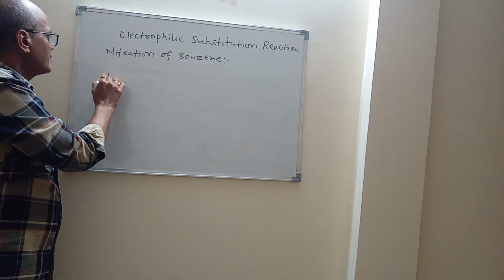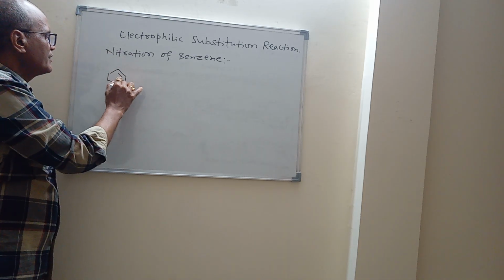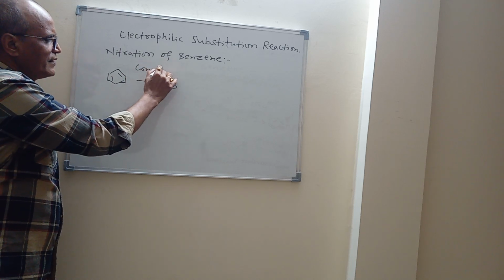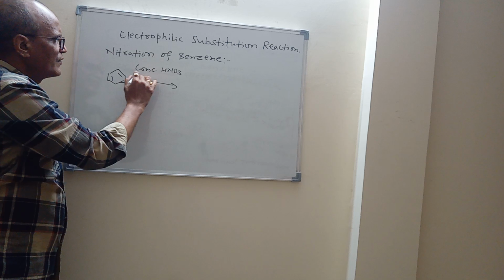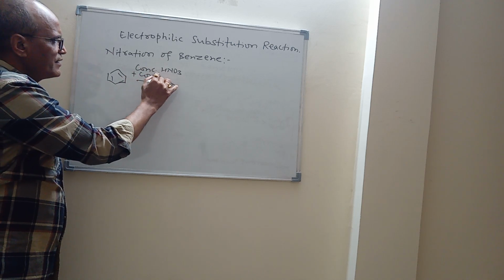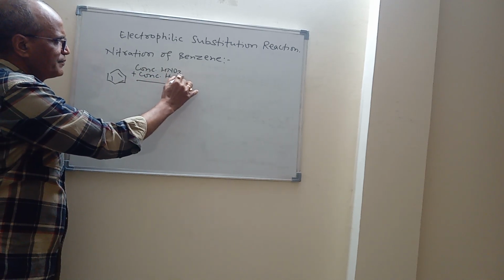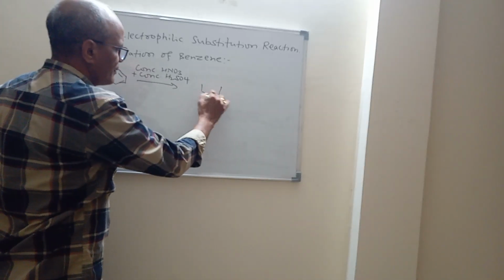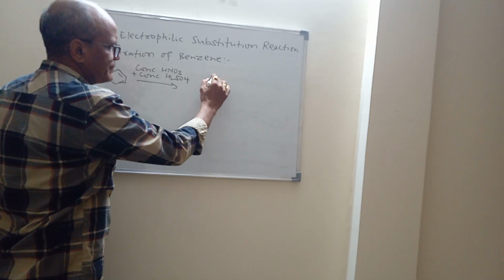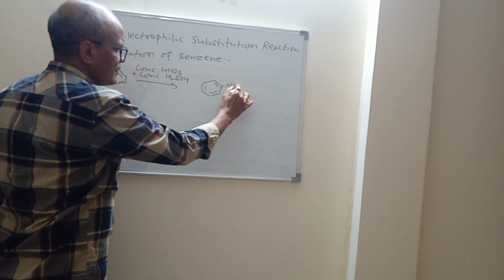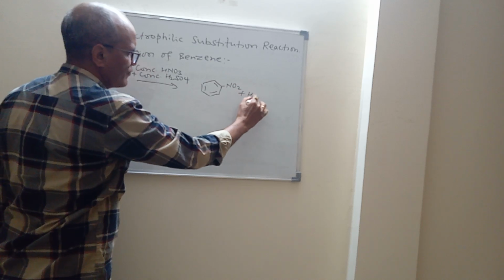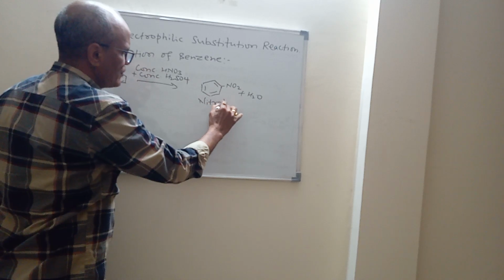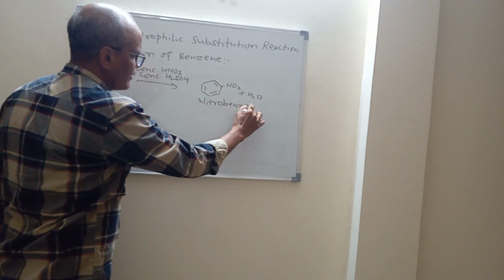In this case, benzene is treated with concentrated HNO3 plus concentrated H2SO4, and the product we get here is nitrobenzene and H2O as a byproduct.